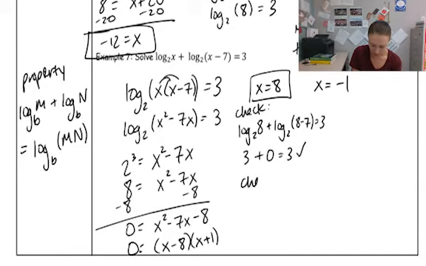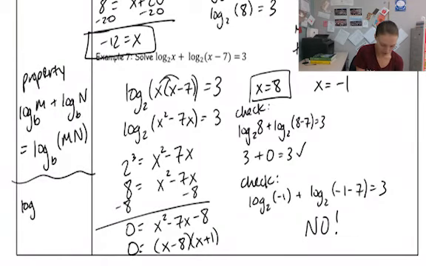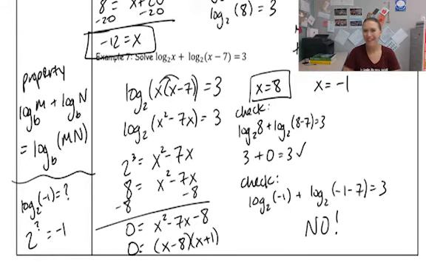Now, if I check x equals -1, I get log base 2 of -1 plus log base 2 of -1 minus 7 equals 3. No, this is not okay. Think about it this way. If the log base 2 of -1 equals something, then 2 to the what power equals -1? You can't take a power of 2 and get -1.